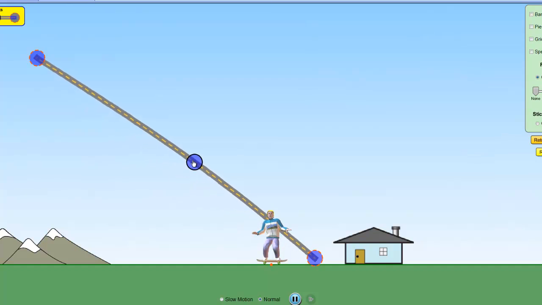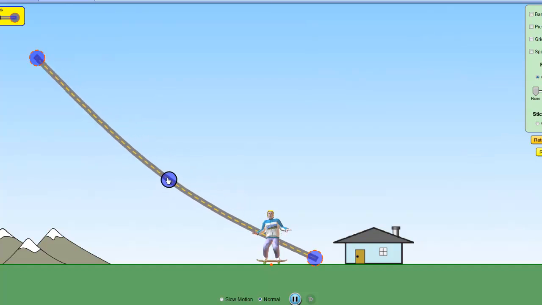Now at the very start, I'm giving him just potential energy. He's not moving at all, right? And by the end, he's back at the ground and he's moving quickly. So he's lost his potential energy and it's all kinetic.